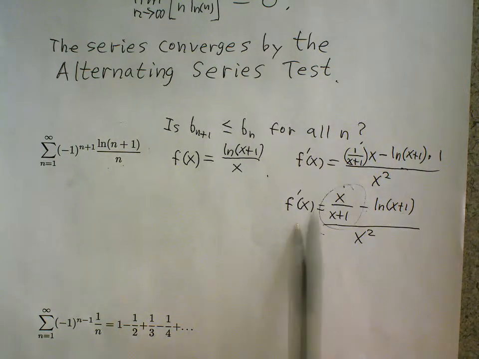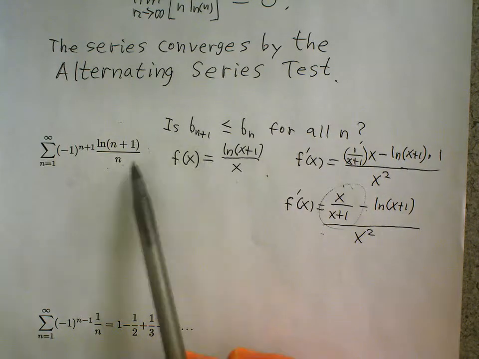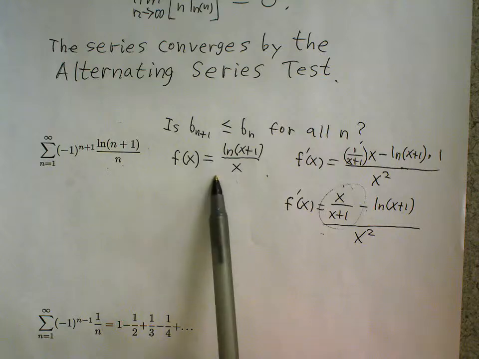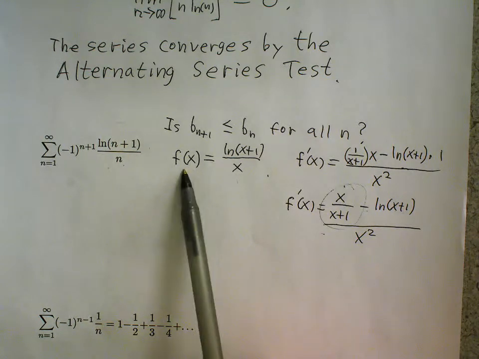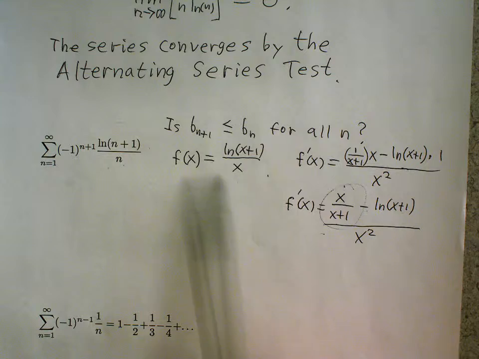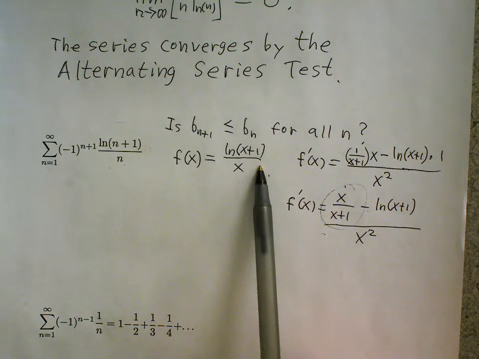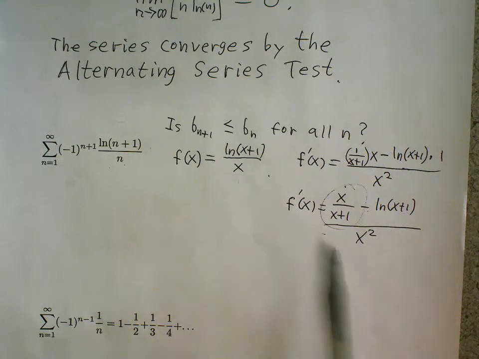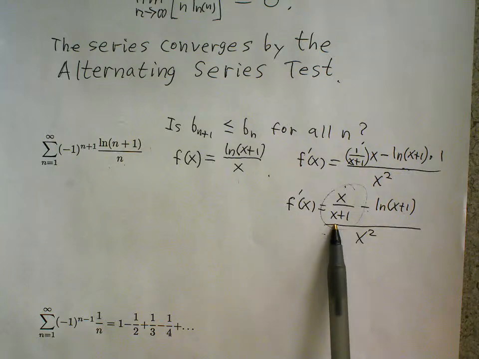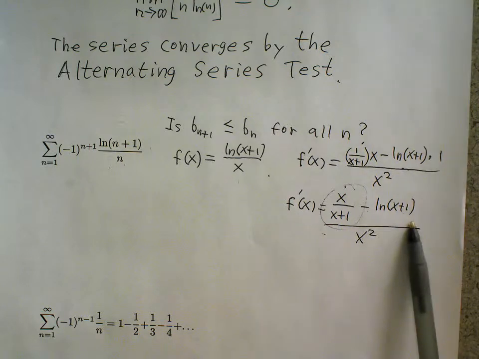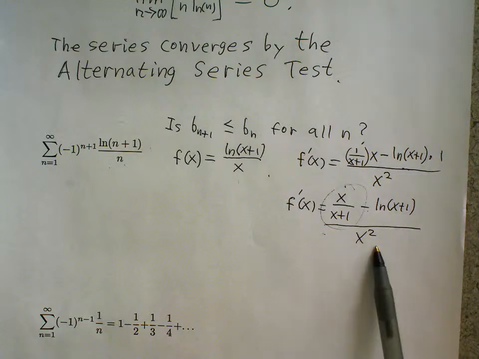One way to determine if the b sub n sequence decreases is to use a function f of x equals the natural log of x plus 1 over x. And we found that the derivative is x over x plus 1 minus the natural log of x plus 1, over x squared.